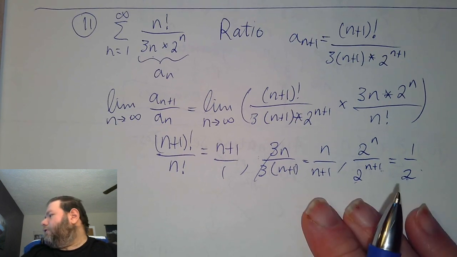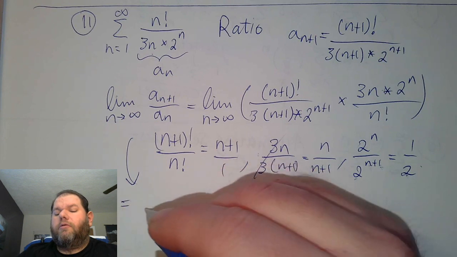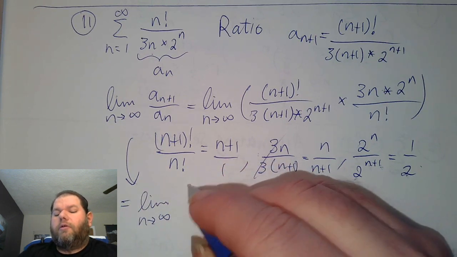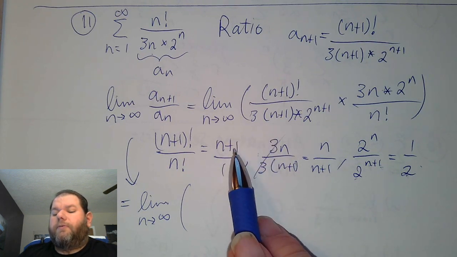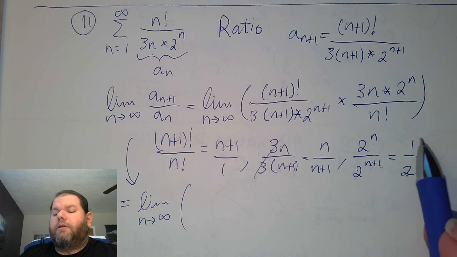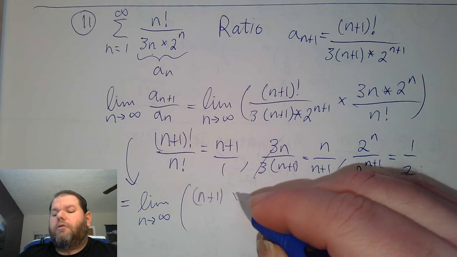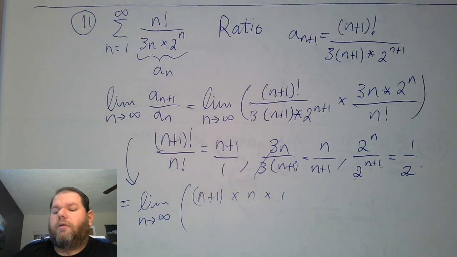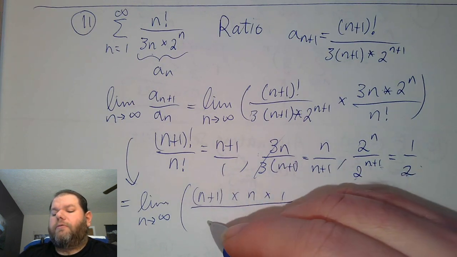Anyway, putting that together, on the top we have n plus 1, n, and 1. And on the bottom we have 1, n plus 1, and 2.